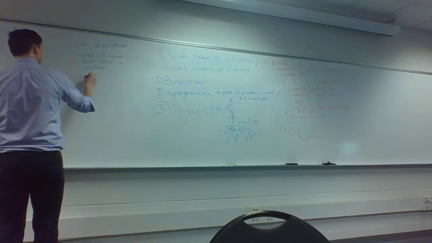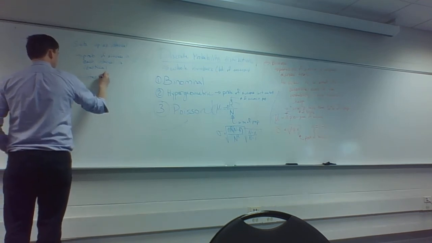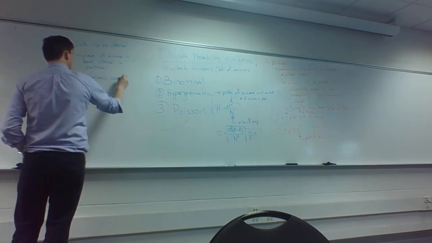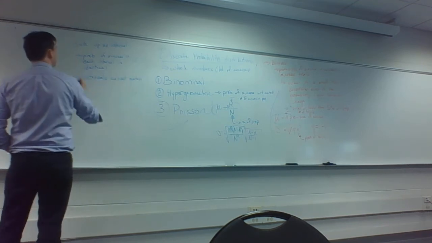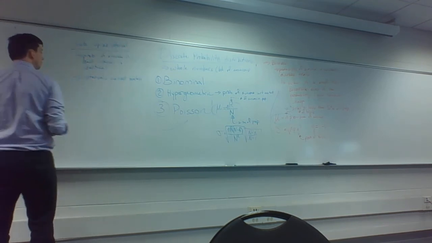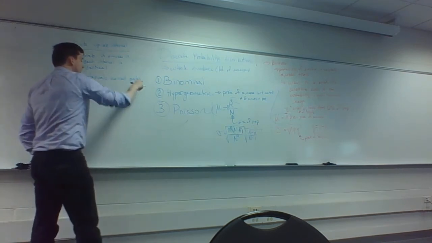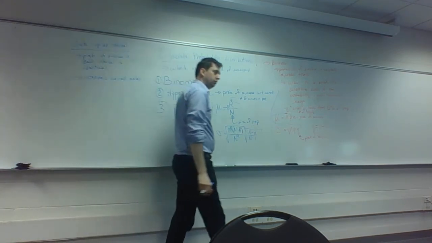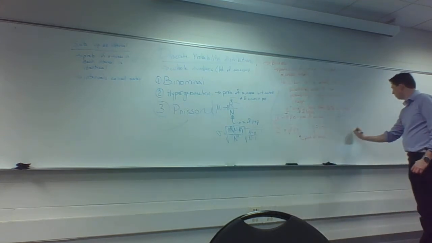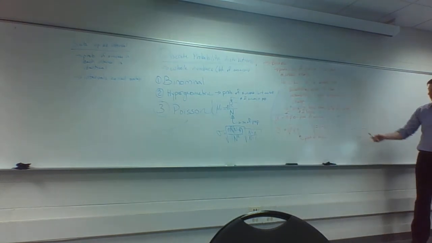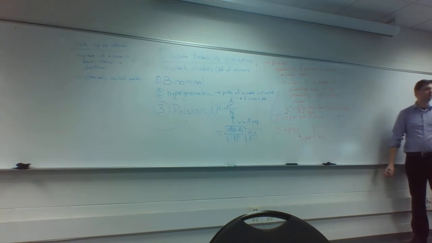Two. Intervals cannot overlap. So if we're setting up a geographic area, we can't do that where there's some double counting of that area.